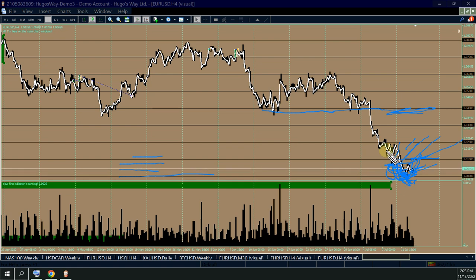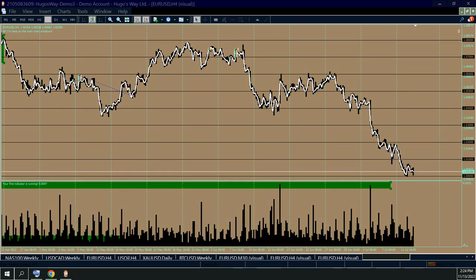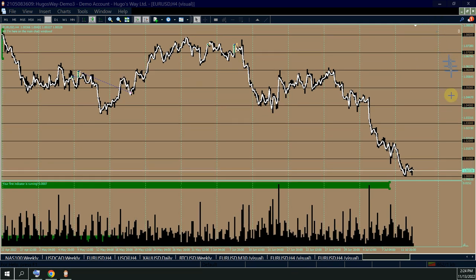Well, you don't really know. Besides, you would have missed this bounce, which was a great trade. This is presupposing you want to always be in the market. This 4-hour chart's not bad at all. There's a lot of 100 pip, 200 pip winners here.